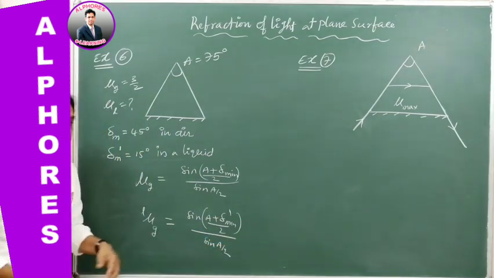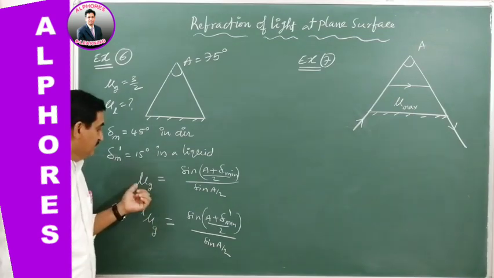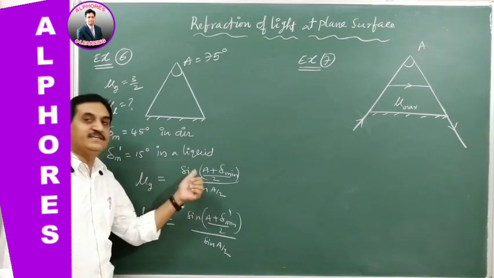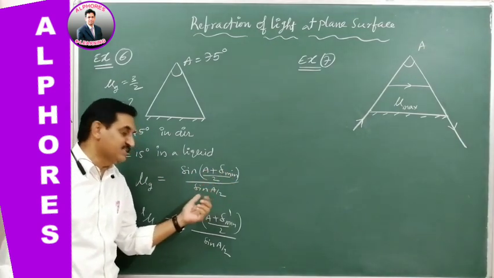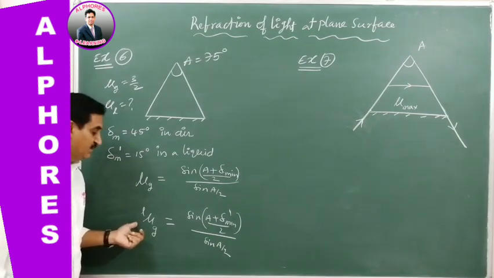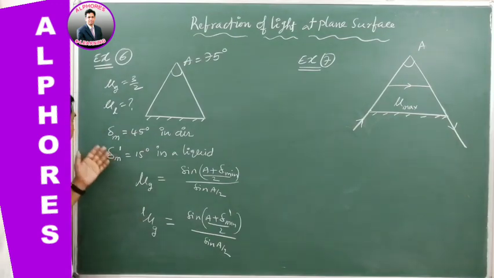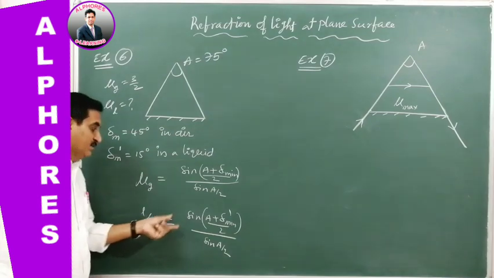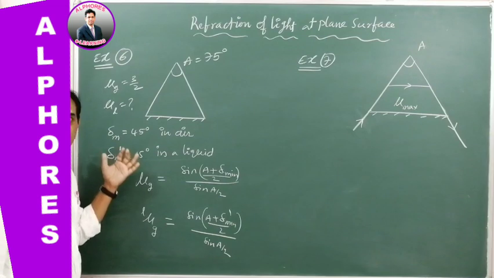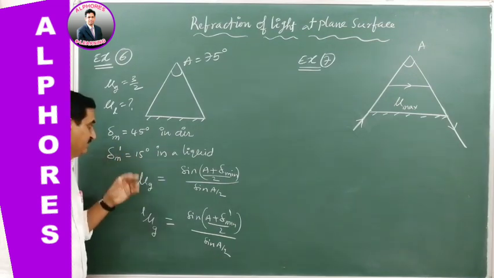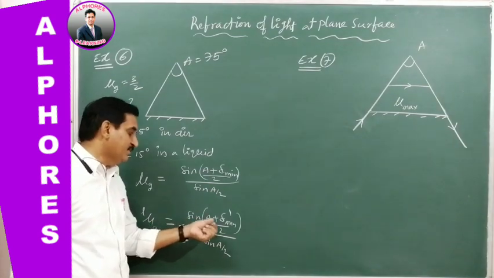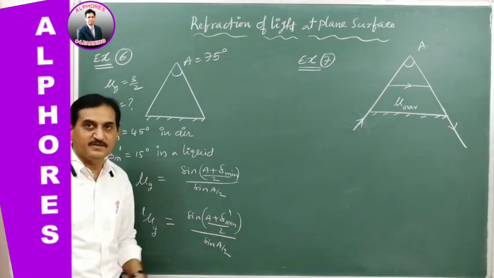See here, when the prism is kept in air medium, the refractive index of the glass with respect to air is sine of (A plus delta minimum) by 2 by sine A by 2. Whenever the prism is submerged in a liquid of refractive index mu L, the deviation suffered is different from the first one. It is 15 degrees when submerged in the liquid, then sine of (A plus delta minimum dash) by 2 by sine A by 2.